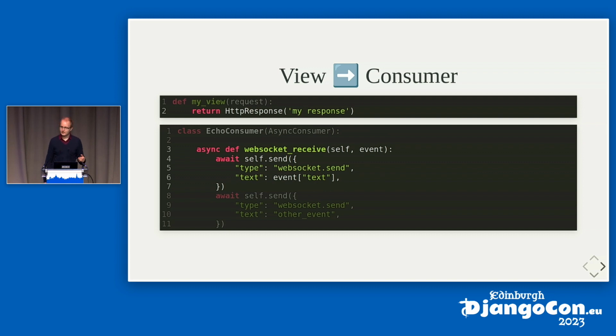For example, in the simplest case, the WebSocket receive event, and it can do something after it receives something on the WebSocket. For example, send a WebSocket message back. But the interesting thing is that unlike a view, it's not over after we send something back. We can then do something else, and later in our code, again, send something back. So we have more flexibility on the protocol level here.